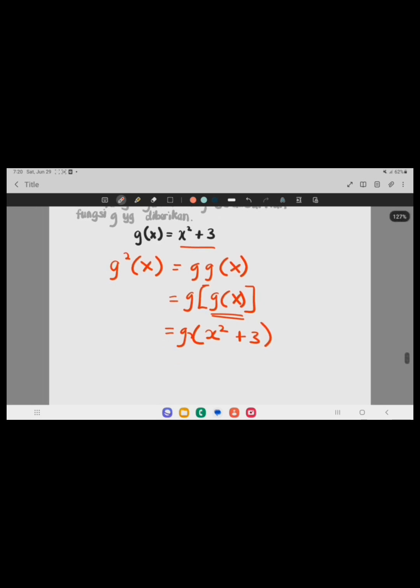And now the same concept we are going to use, which is anything inside the bracket is actually representing your x. So this thing originally comes from g(x), but now we don't want this, we want to find g squared(x). So just erase the x and replace it with x squared plus 3, and then just leave it like this. So this would be the answer.